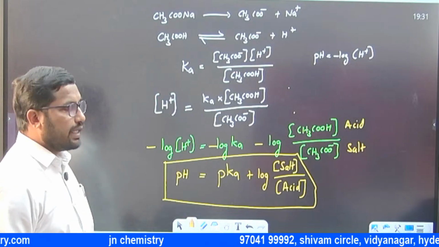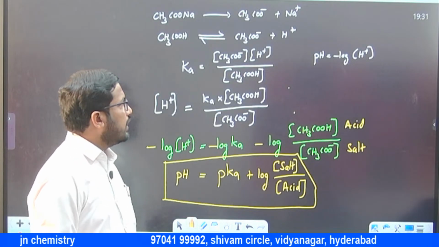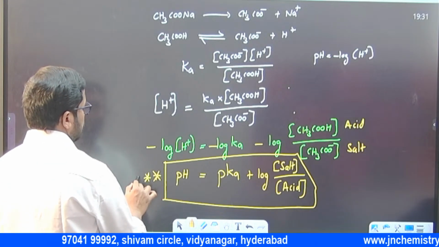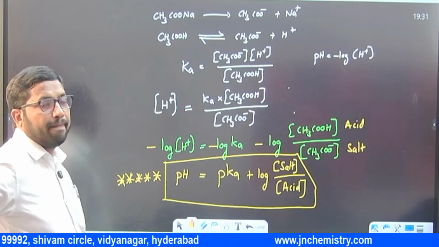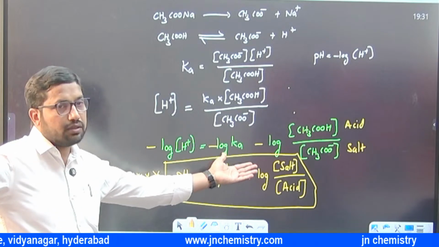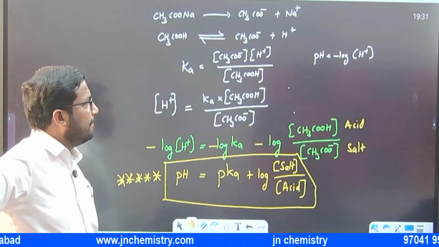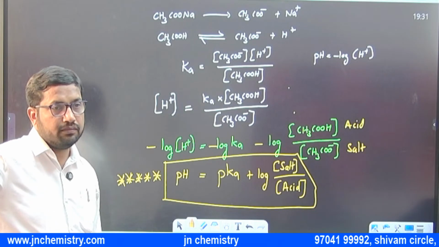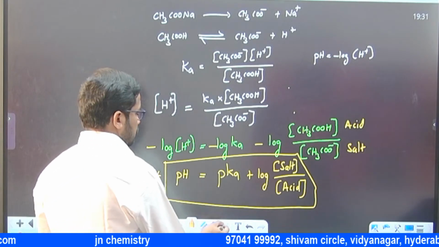pH is equal to pKa plus log salt by acid concentration. Come on, write it down. This is the important formula for the pH of acidic buffers. For basic buffers, pOH is equal to pKb plus log salt concentration by base concentration. Same model.